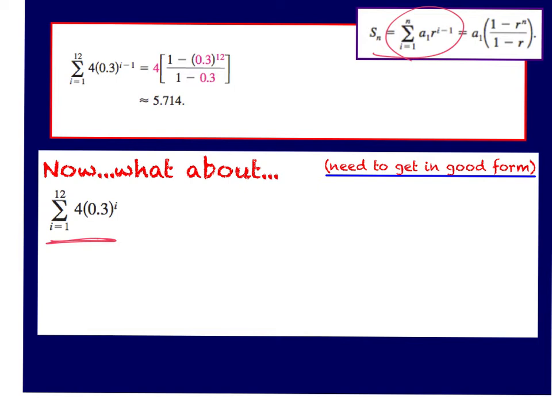Okay? All right, so this first one I have is 1 to 12 of 4 times 0.3 raised to the power of i. Well, it's not an i minus 1, so I don't know what my a sub 1 is exactly. It's not 4. So if I substitute in 1, what do I get? I get 1.2.